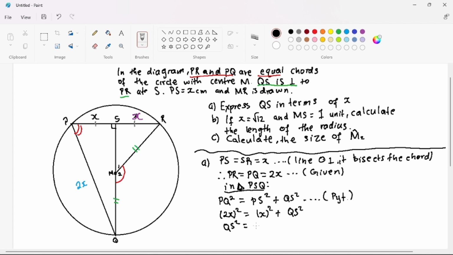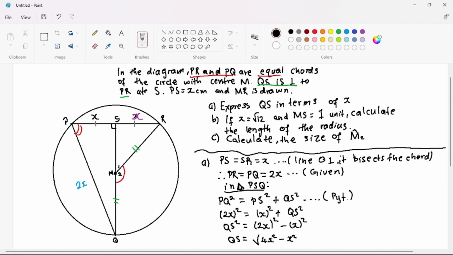So the technique in this step, I always tell my students that our hypotenuse side is always positive, and then the other side is going to be negative. And then we are going to introduce square roots on both sides, and then we are going to be left with QS squared is equal to, obviously, 2 squared is equal to 4x squared, and x squared is x squared.